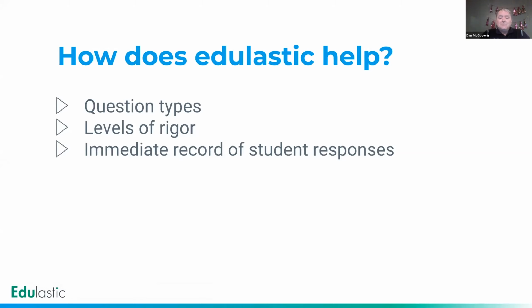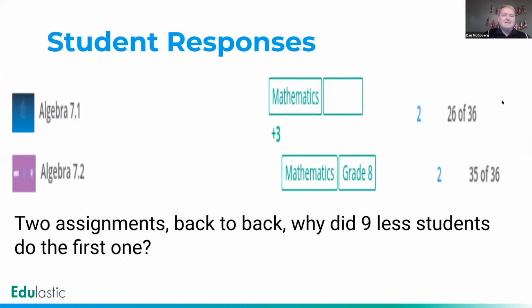But I found some interesting pieces of information as I went through my Edulastic results and really started to ask my students questions and get some ideas of exactly where they stand and where they're coming from when they're doing work from home. So anyway, on this slide, if you look, I got a lot more responses for my second lesson than I did my first.